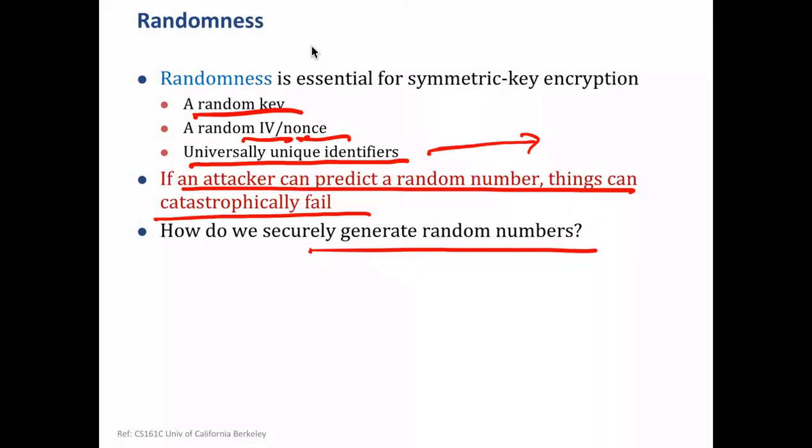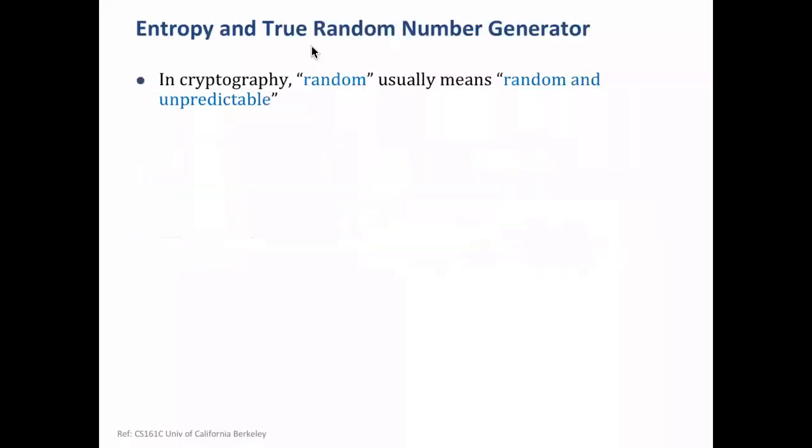So in general, our algorithms cannot generate random output until we give a source or an input which is truly random. So we cannot generate random numbers by deterministic algorithms. Now some technical terms.